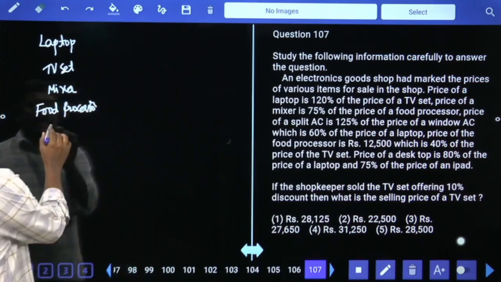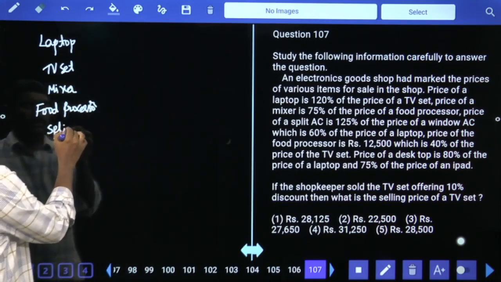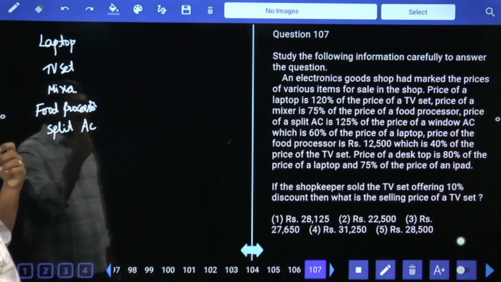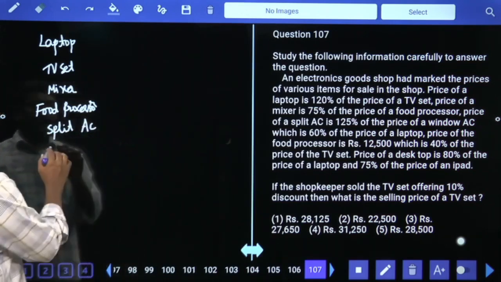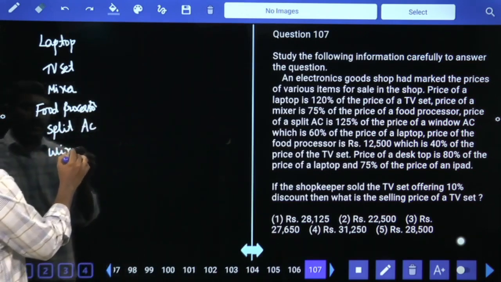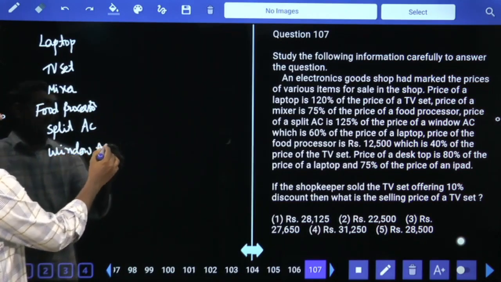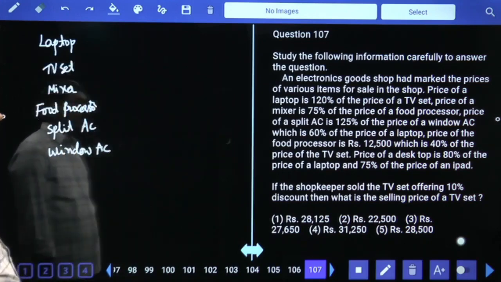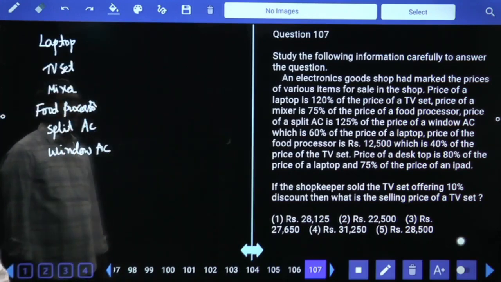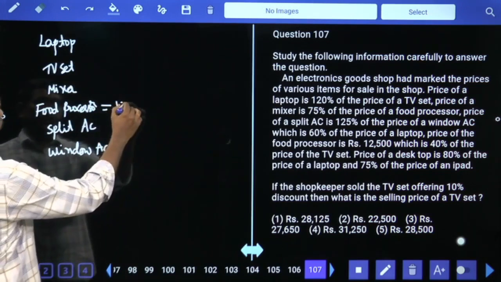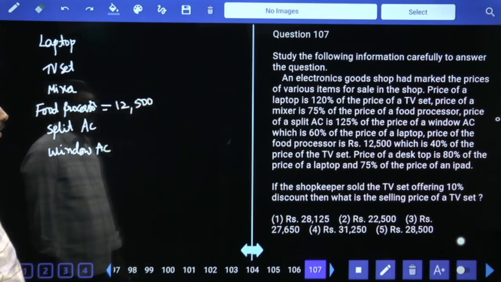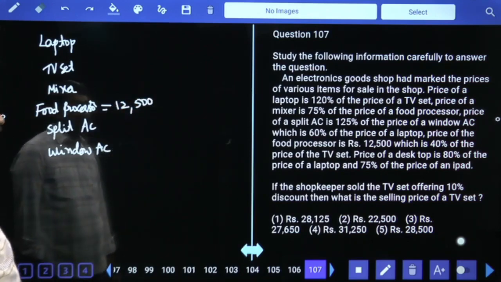Price of a split AC is 125% of the price of a window AC, which is 60% of the price of a laptop. Price of the food processor is 12,500, which is 40% of the price of the TV set.